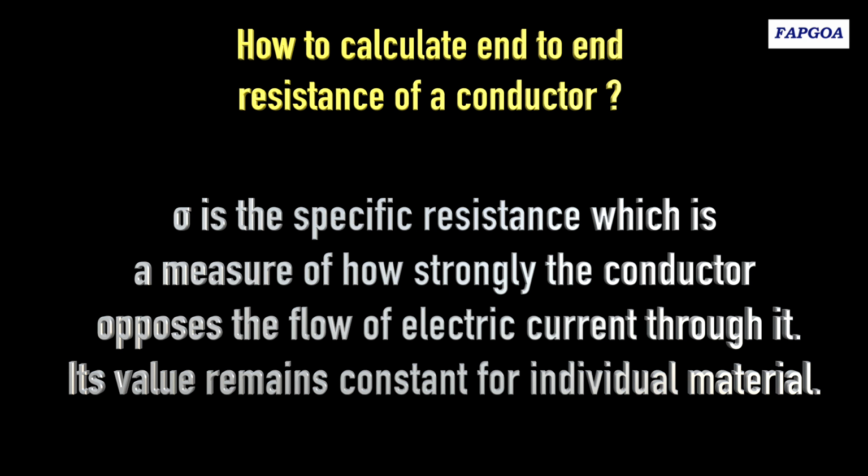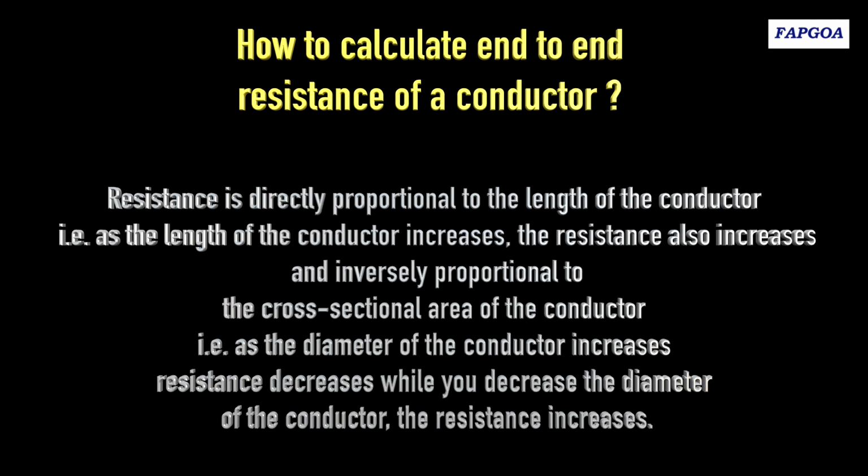Rho is the specific resistance, which is a measure of how strongly the conductor opposes the flow of electric current through it. Its value remains constant for an individual material.